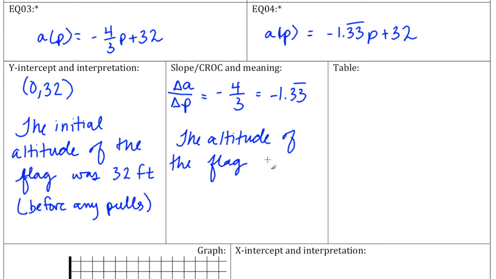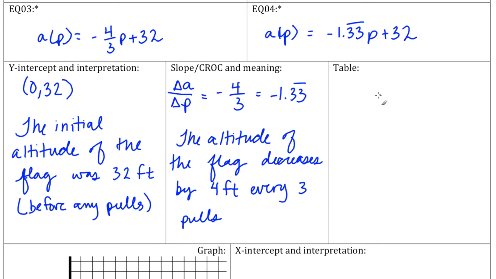The altitude of the flag decreases by 4 feet every 3 pulls. And we can check that too. The altitude actually decreases by 4 feet every 3 pulls.